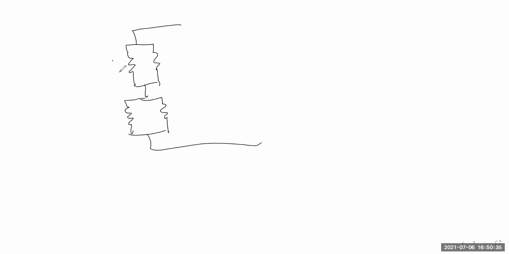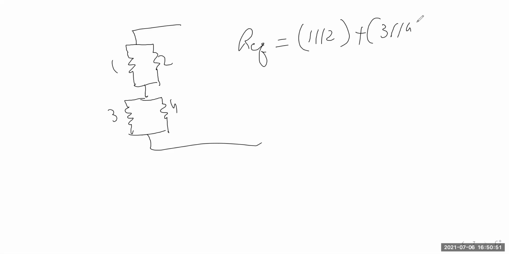If we reduce that segment, two resistors are in parallel with the other two, numbered 1, 2 and 3, 4. So R equivalent would be 1 parallel 2 in series with 3 parallel 4.